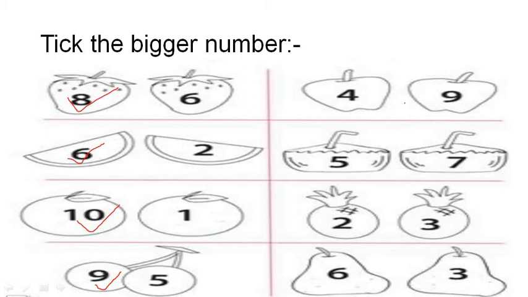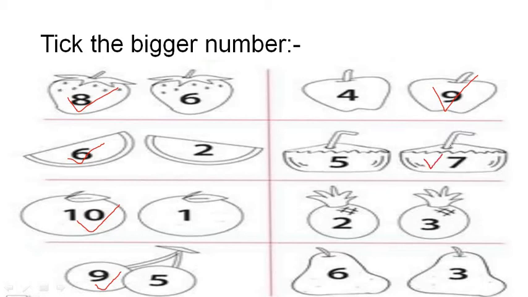Number 4 and number 9. Now, among these two numbers, which is the bigger number? Is it 4? Is it 9? Where should I tick mark? Should I make tick mark on 4? No. It's number 9. This is 5. This is 7. What do you say? Which is the bigger number?